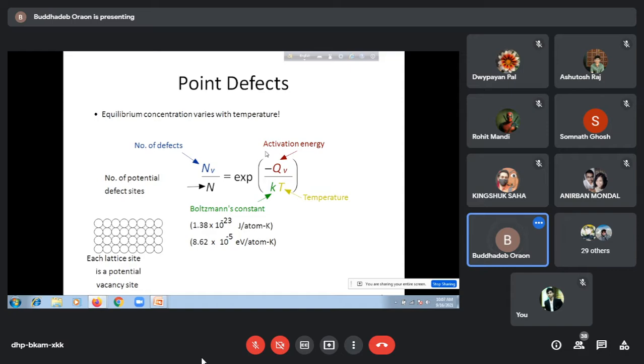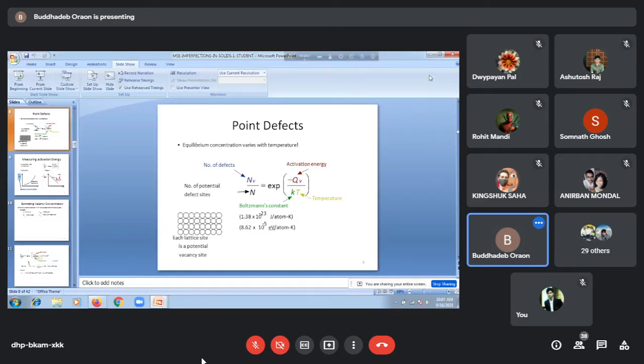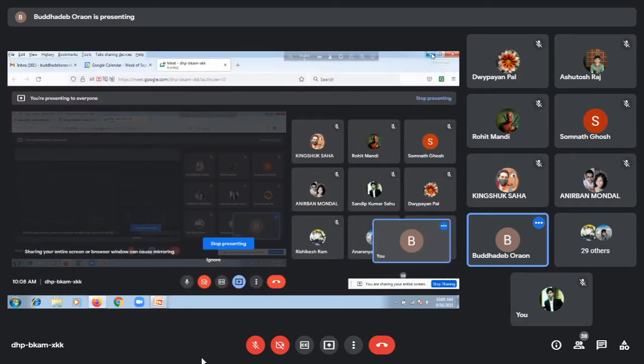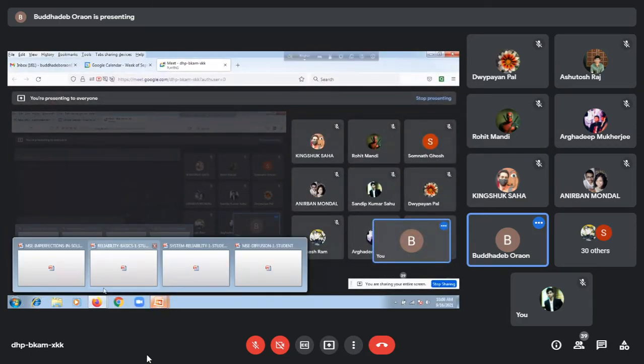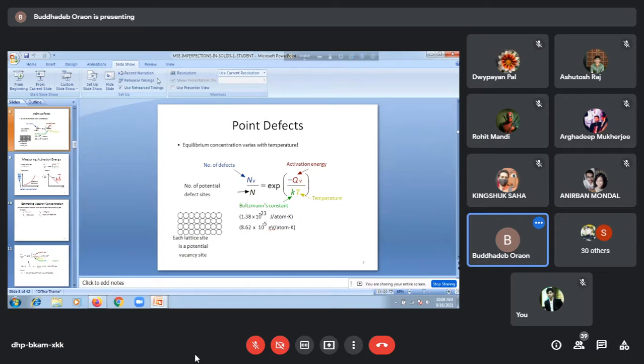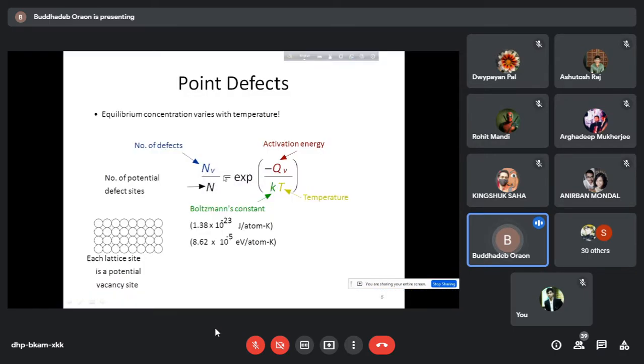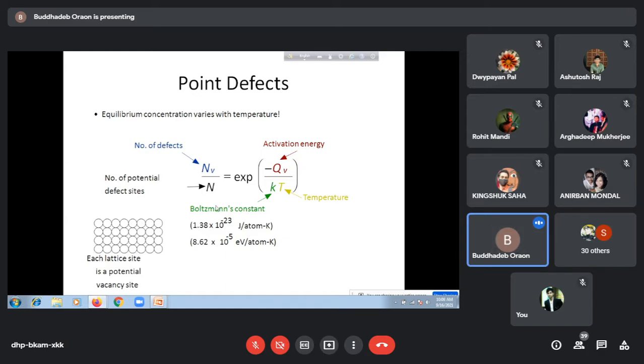And how is the dependence? We will try to understand. Now let me give some examples of thermally activated processes.